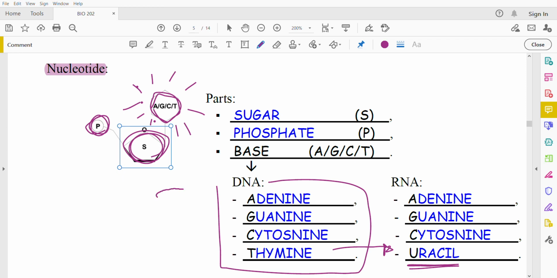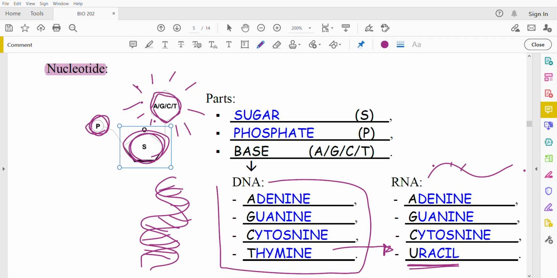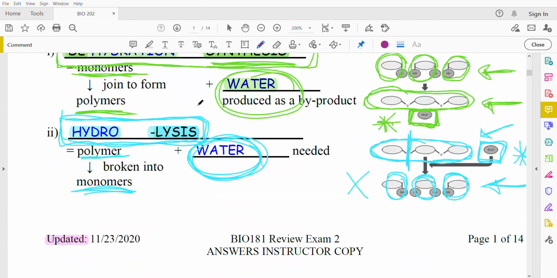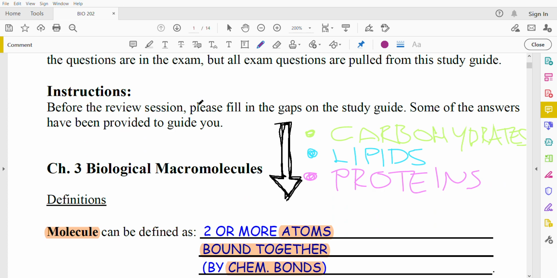And you might remember that DNA was this double strand, kind of a ladder that's twisted around itself, whereas RNA was just a single strand that exists as a template for the protein synthesis. So let's add that also to our list here as the last ones.